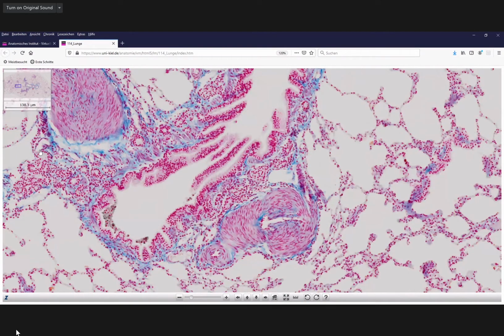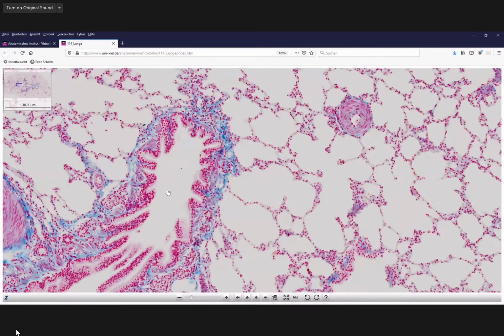Can you see these glands here? So there are still some packages of glands. So probably this part of the bronchial tree is somewhat in between what we call a typical bronchus and a typical bronchiole. So the cartilage has stopped. There are still a few glands, but those will disappear pretty soon when we go further down that bronchial tree.